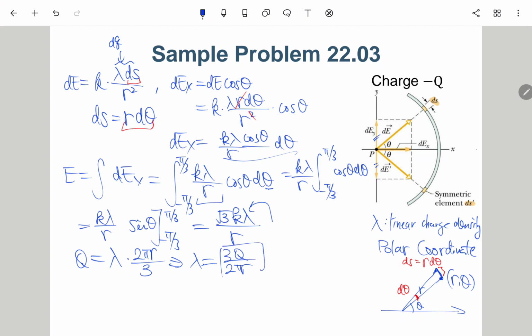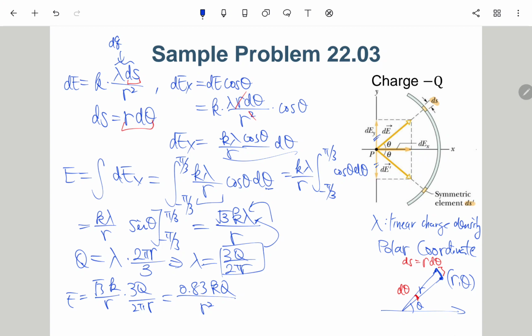So here we can put this back to here. So E will be square root of 3k over small r times 3q over 2 pi r. So finally it becomes something like 0.83 capital Q over, I mean we should still have the K, so KQ over R square.